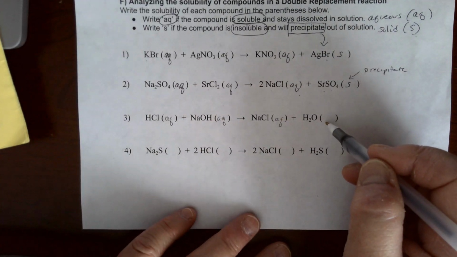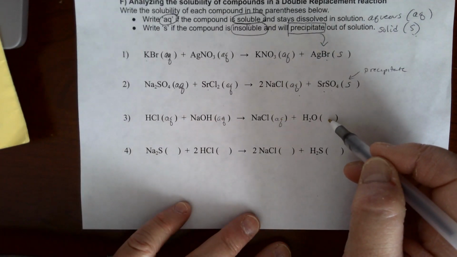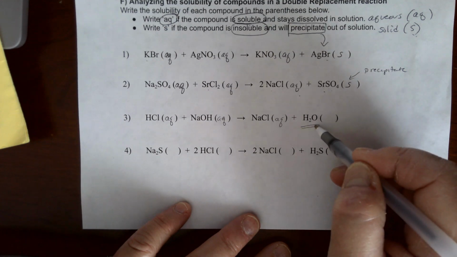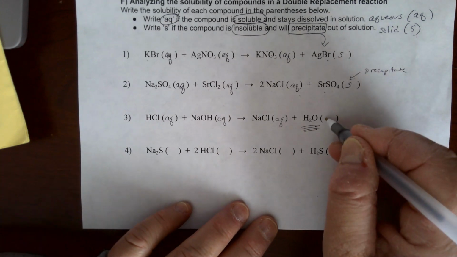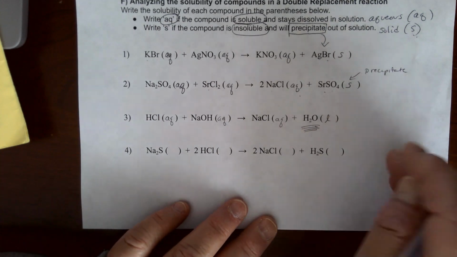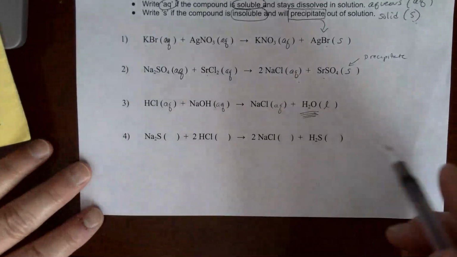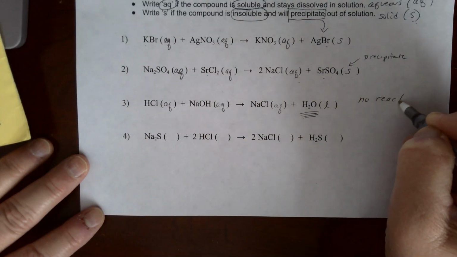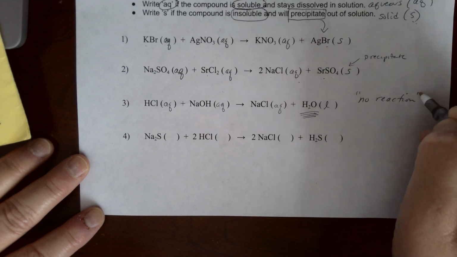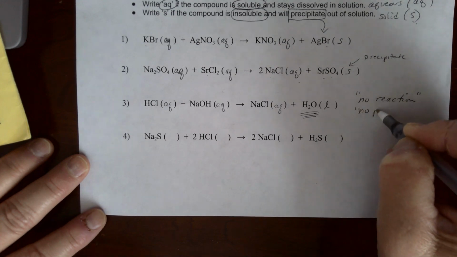And I see water as the other product. Water cannot be aqueous. Water cannot be dissolved in itself. This is going to be a liquid. So we would say here that there is no reaction because no precipitate is formed.